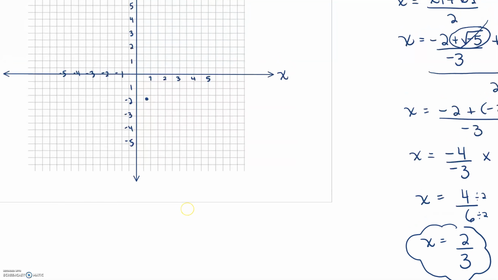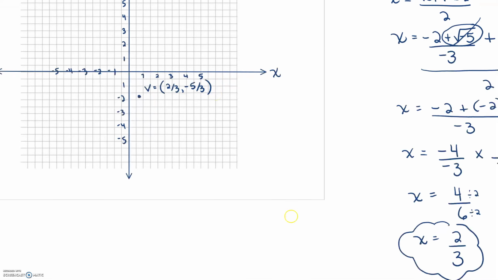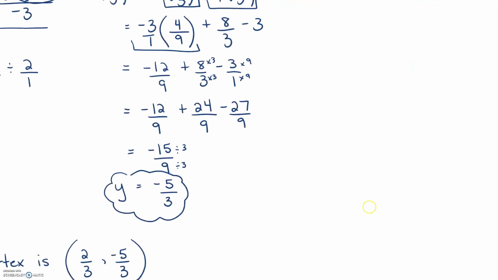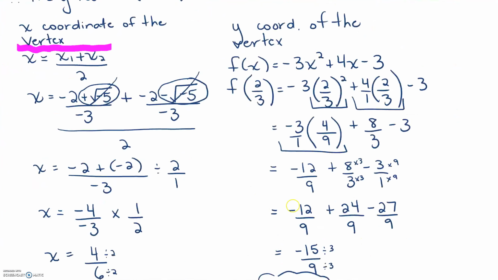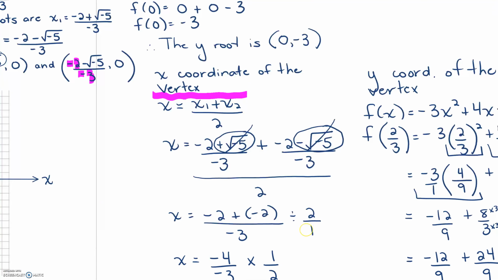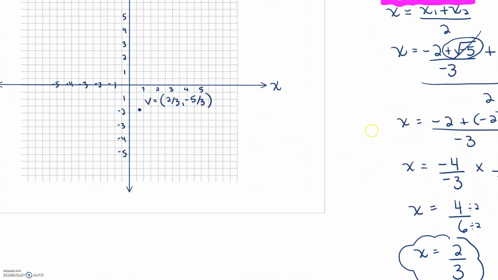So there's my vertex. I'm going to label my vertex in fraction form, so it was 2/3, comma, -5/3. We do have a y root, and our y root, I believe, was -3, if I'm not mistaken. I just have to find it with all this mumbo jumbo. There it is. The y root is 0, -3.